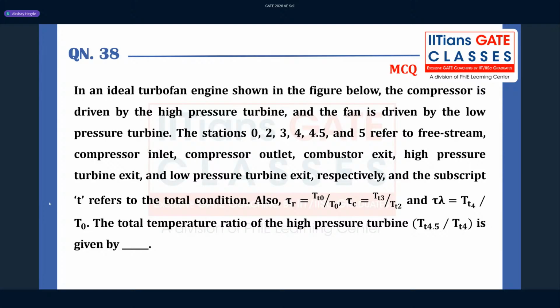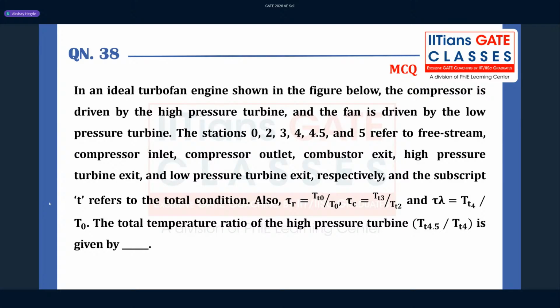The subscript T refers to the total condition. Also, they are given tau R, the temperature ratio at the inlet, and tau C, the temperature ratio of the compressor. Tau lambda refers to T4 to T0, that is the cycle maximum temperature to the inlet temperature.